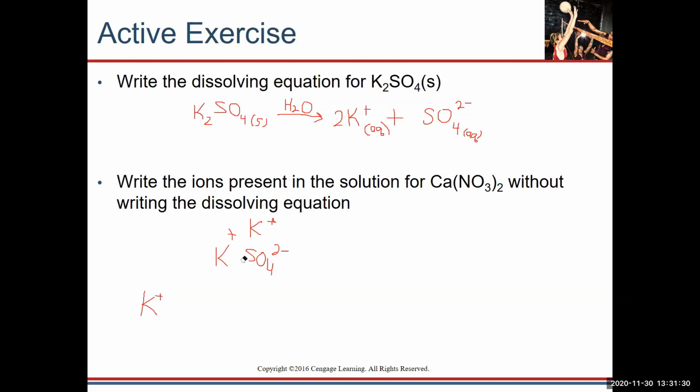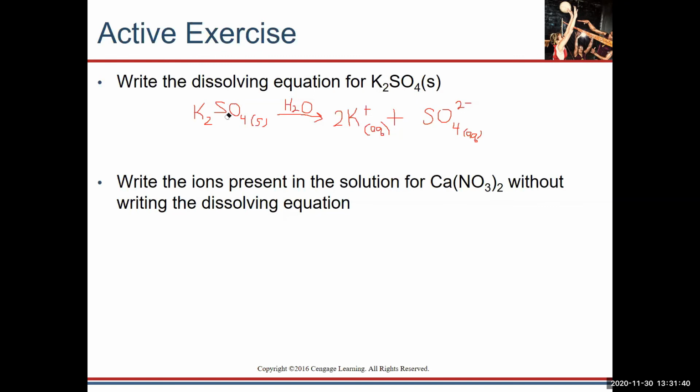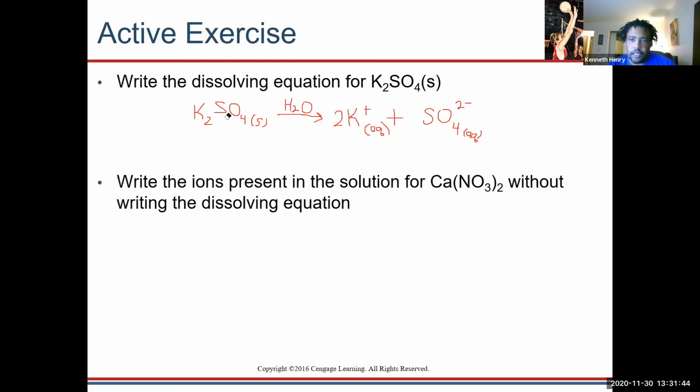I just need to remember that it's not a covalent bond. I think that's the key part there. The sulfate is covalently bonded, so that's why it doesn't separate independently. You don't get sulfur and oxygen independently because they're covalently bonded. It takes a lot of energy to separate. Okay.